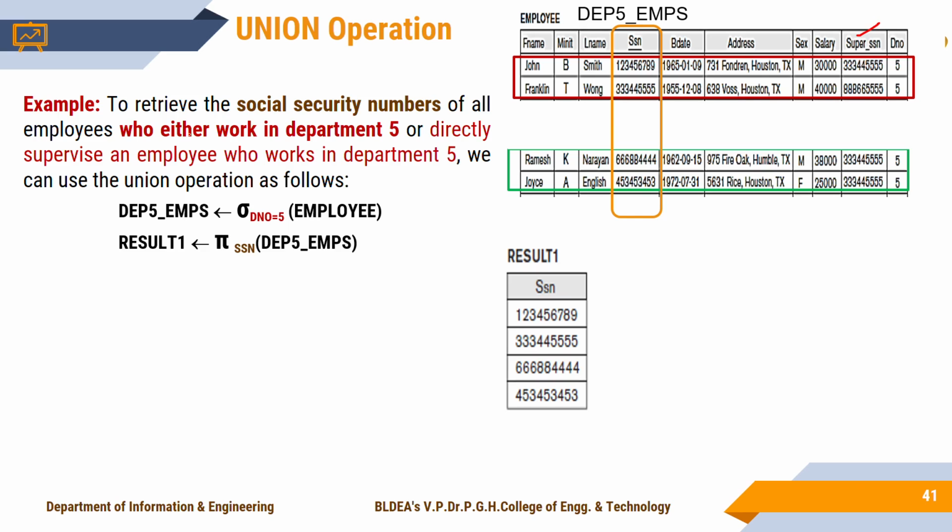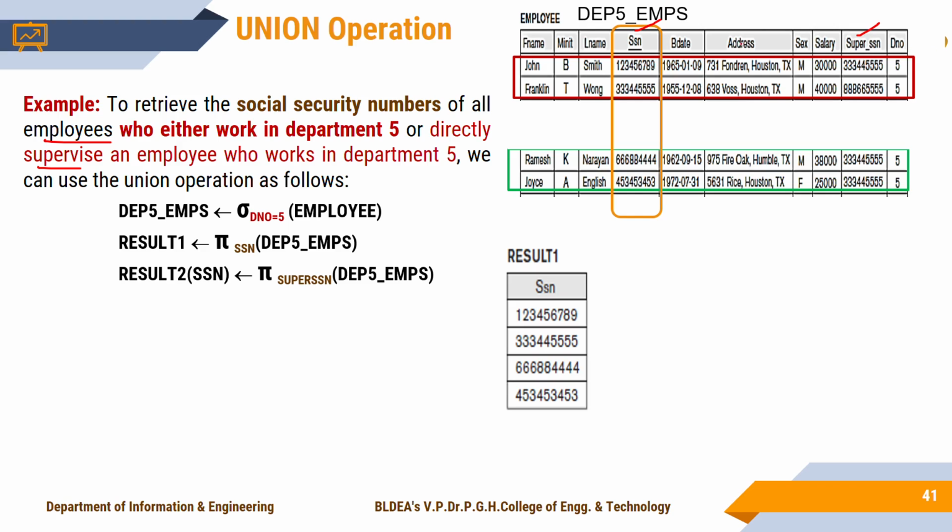Here SSN tells the employee information, and Super SSN tells whether that employee is a supervisor or not. So now you have to select Super SSN from this DEP5_EMPS, the new relation where you have DNO equal to 5.